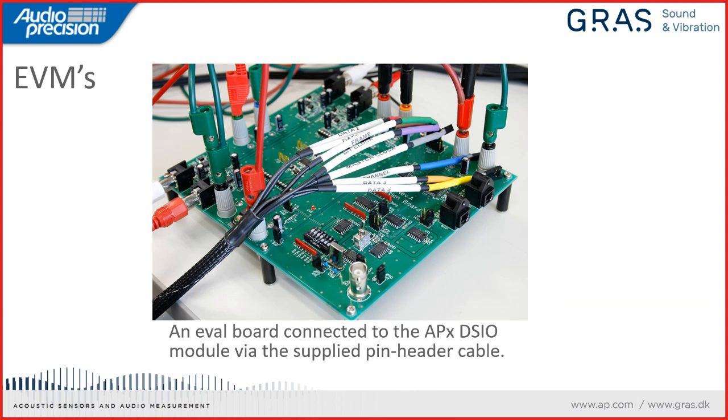The evaluation module that I'm using today requires plus minus 15, plus 5, and plus 3.3 volts for power. So I've got a DC power supply set up for that. I've got analog audio going into it through a balanced connection. And then I have the DSIO's square pin cables going to the device under test and the APX.